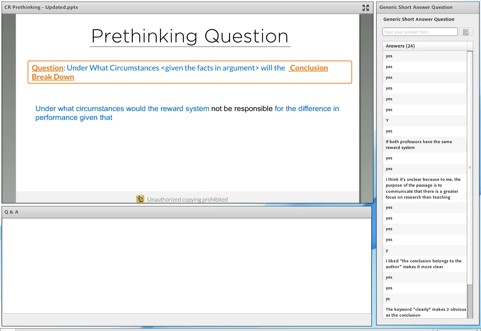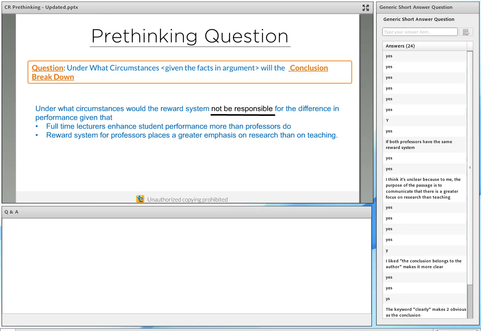Under what circumstances would the reward system not be responsible for the difference in performance, given that full-time lecturers enhance student performance more than professors do, and the reward system for performance places greater emphasis on research than on teaching?